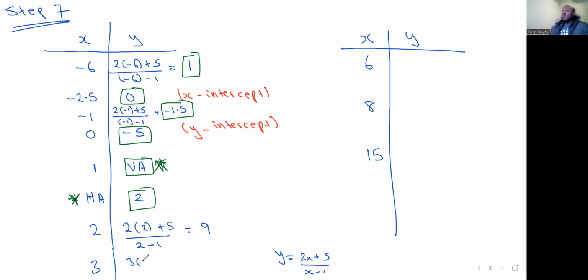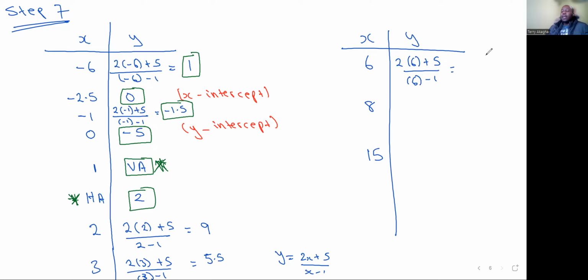Same thing, 3, oh, sorry, I think I messed it up here. So we're having 2 into bracket 3 plus 5 divided by 3 minus 1. And when you solve this, your answer will be 5.5. You do the same thing here. 2 into bracket 6 plus 5 divided by 6 minus 1.